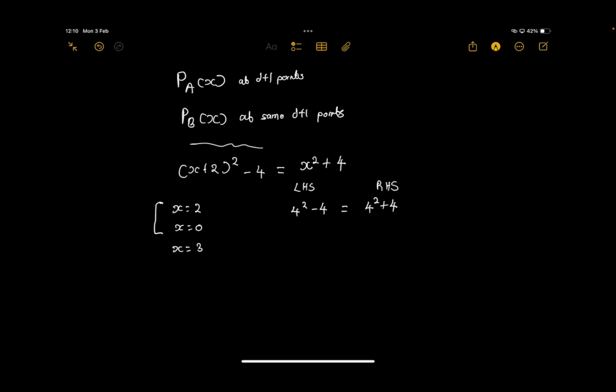So we're replacing x with 2 here. That's 2 plus 2, which is 4. That's 4 squared minus 4. That's 16 minus 4, right? That's 12.